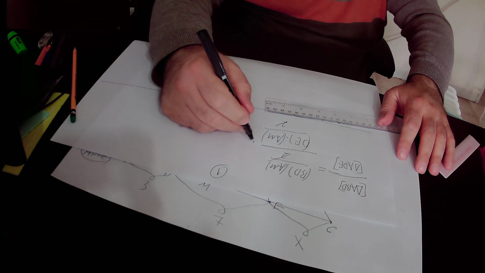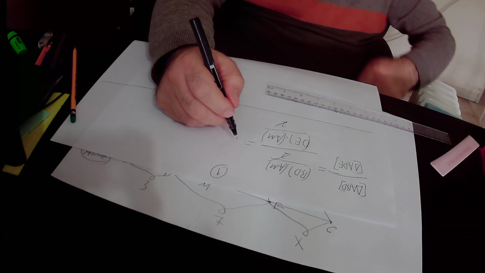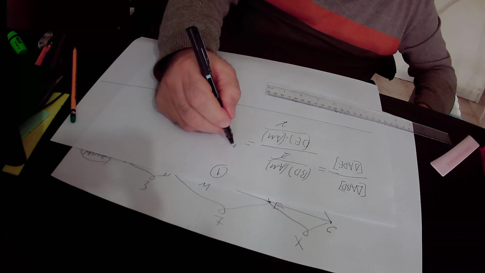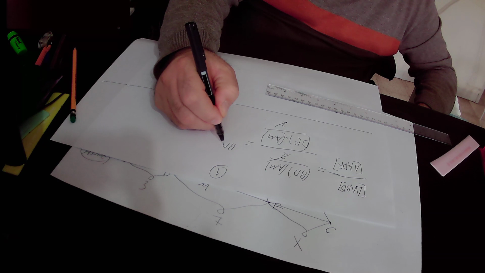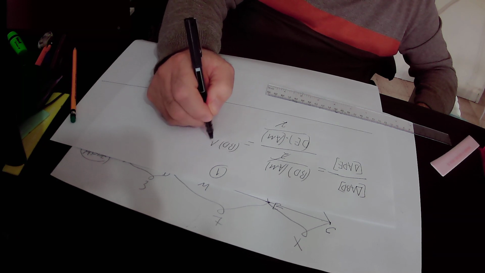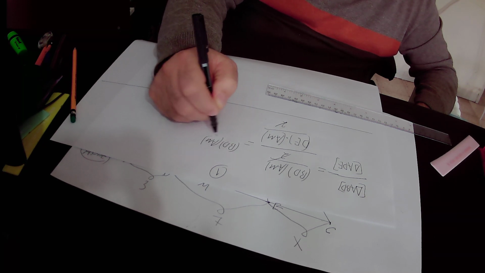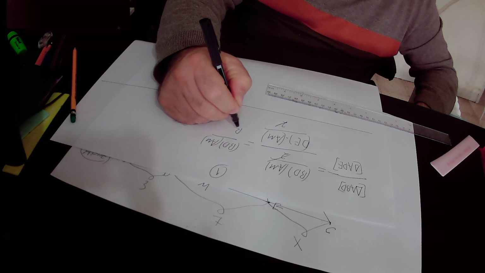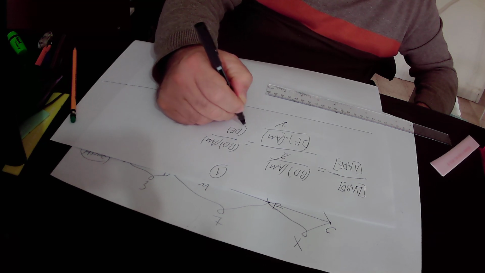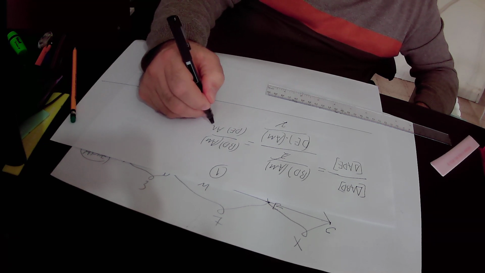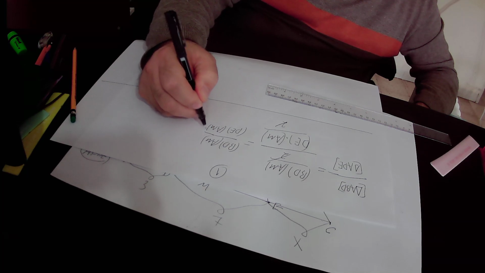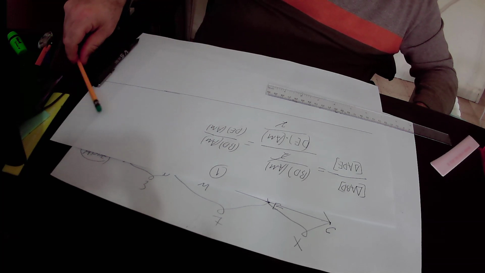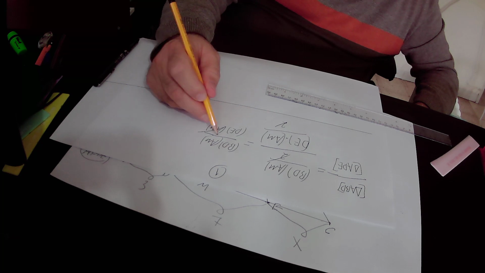And we will have here BD times AM over DE times AM. AM over AM is 1, so AM will get cancelled.